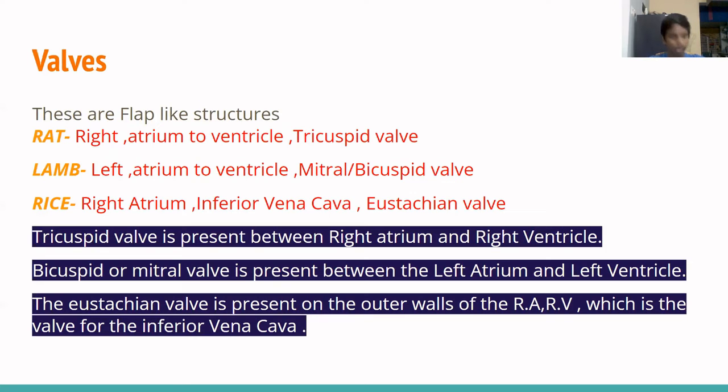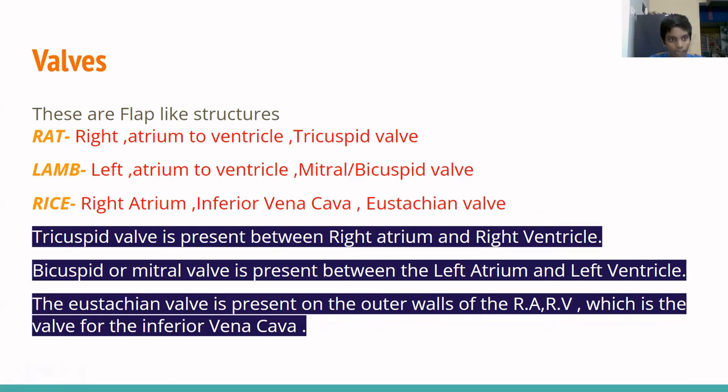Now let's study valves. Valves are flap-like structures. So they are like this. They open and close, open and close. To remember this easily, I have given these words, which we remember easily.